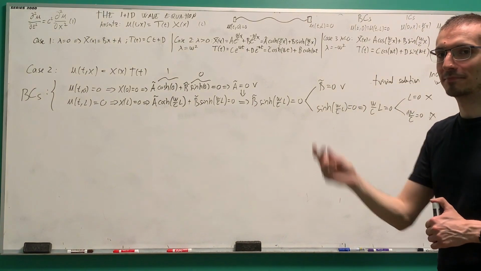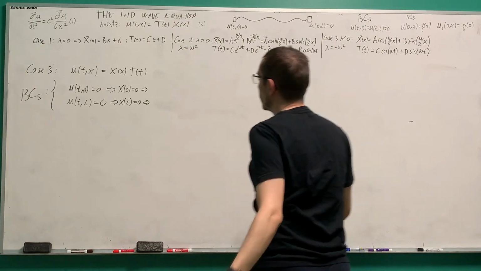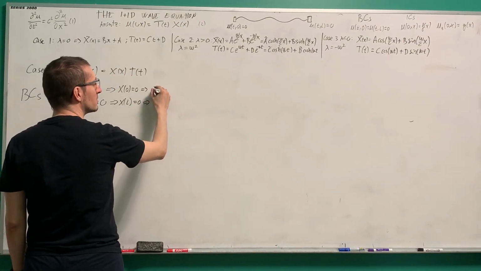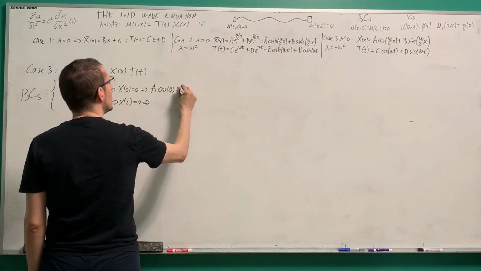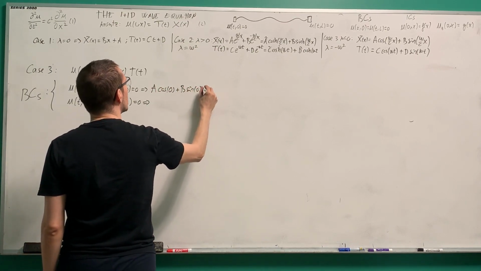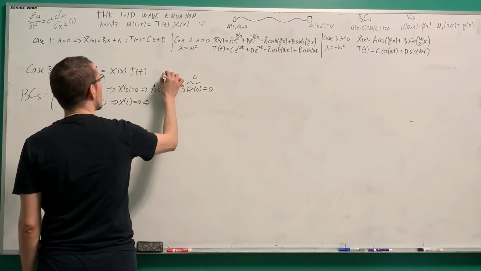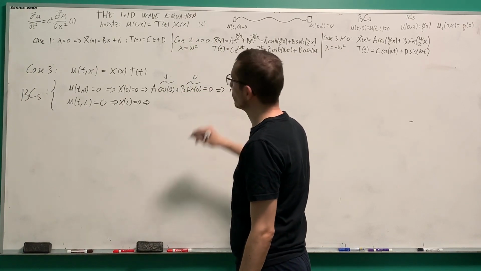Let's check case 3. In case 3, we're in that case over there. So the first condition, x of 0 is equal to 0, tells me that A cosine of 0 plus B sine of 0 is equal to 0. I know the sine of 0 is 0 and the cos of 0 is 1. And that means that A is equal to 0.